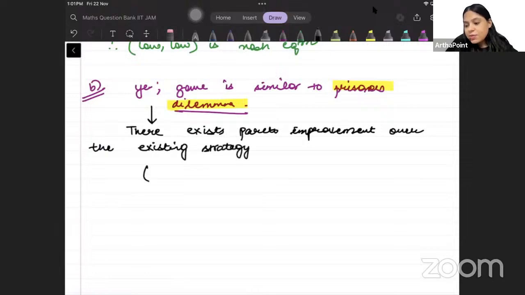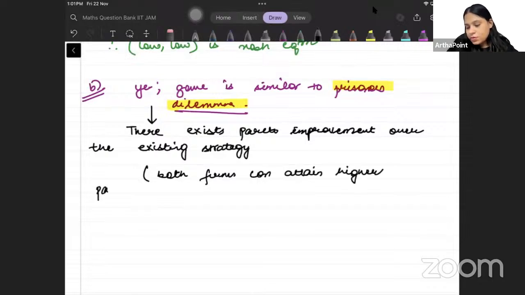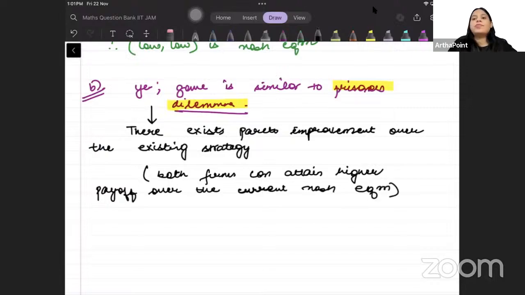It means that both firms can attain higher payoff over the current Nash equilibrium. Both firms can attain a higher payoff.